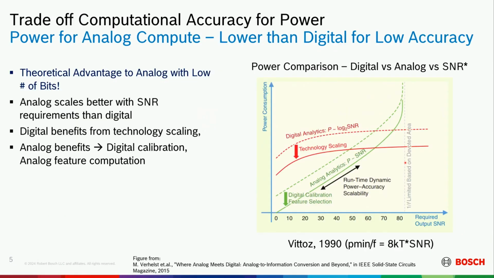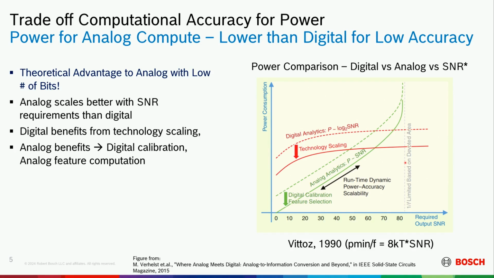So what's the real benefit of doing analog compute? We have a lot of predecessors that have been looking at this. Vittoz is always referenced. SNR and compute energy are linearly related, at least as he derived in this paper back in 1990. So there's a theoretical advantage to processing in analog as long as you're doing low precision.